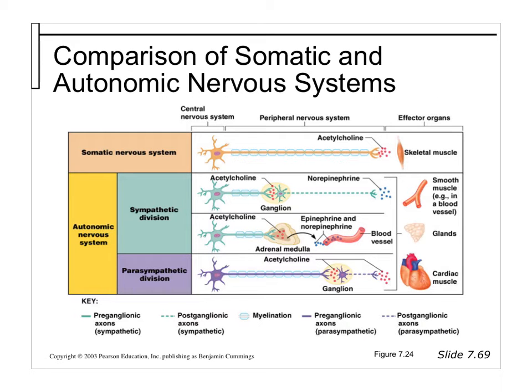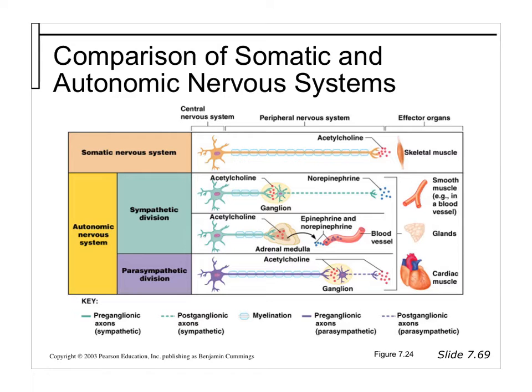So this is a broad overview of what I was just saying. You have the somatic nervous system, which affects skeletal muscle, and then the autonomic nervous system affects basically everything else, right? So we're going to talk in just a moment about the two divisions: the sympathetic division. Notice here we have norepinephrine and epinephrine.